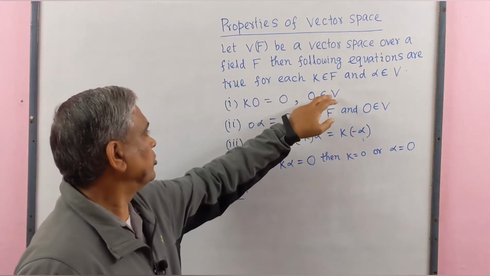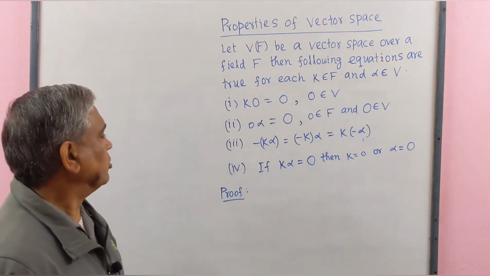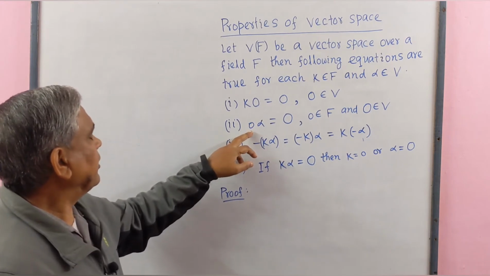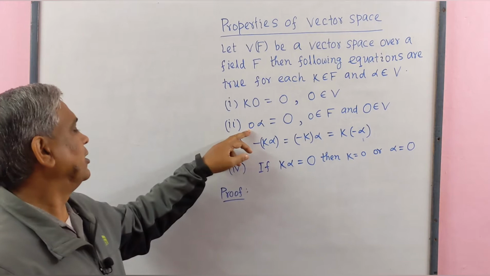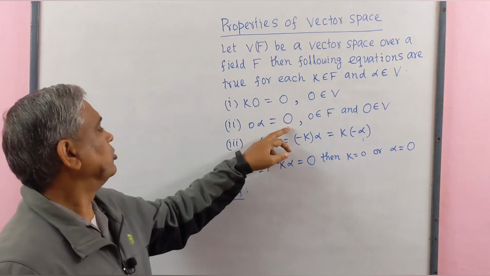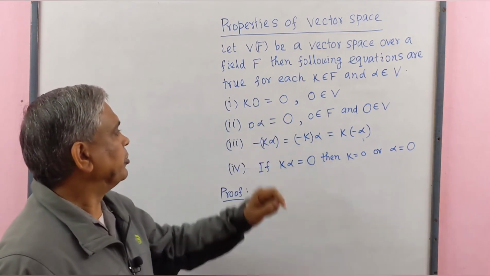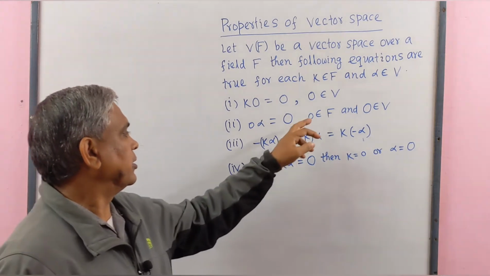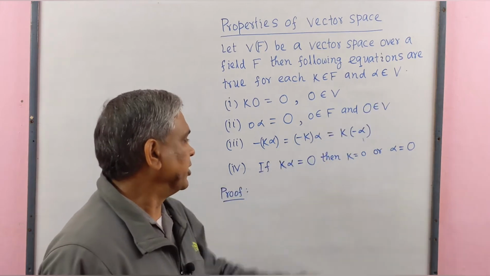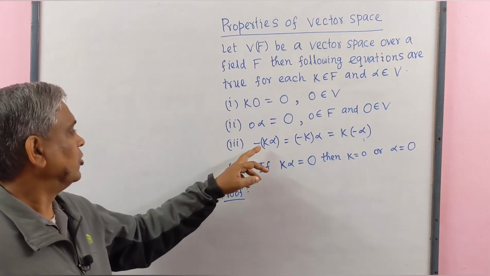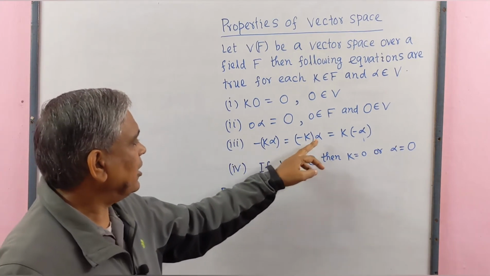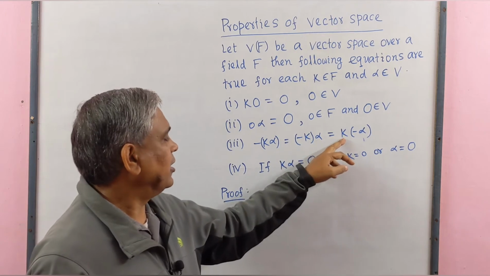This 0 belongs to V. Number 2: this 0, the real number 0 or the 0 of the field, times alpha equals 0 of V. Here this 0 belongs to F and this 0 belongs to V. Number 3: minus (k alpha) equals (minus k) alpha equals k (minus alpha).